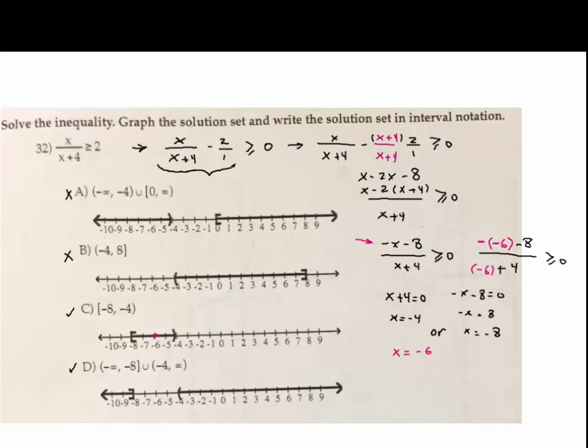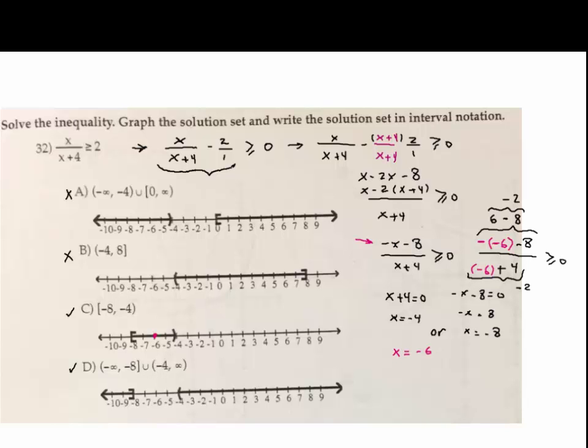What do we get at the top of the fraction, positive or negative? We get minus 6 minus 8. You actually get minus 2, so you get a negative number at the top. At the bottom, you get minus 6 plus 4, which gives you minus 2. And minus 2 over minus 2 is equal to positive.